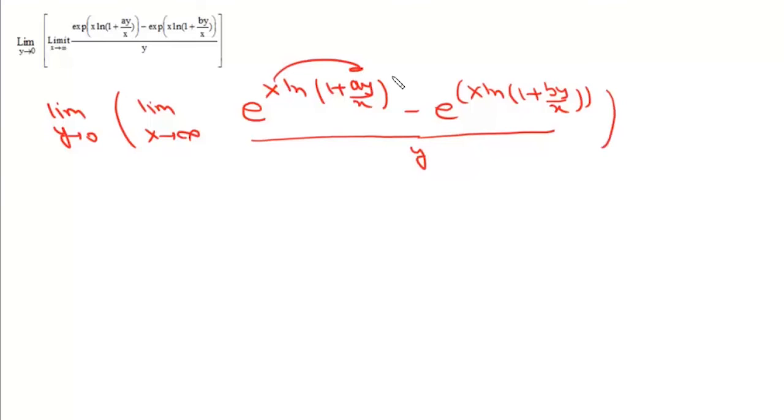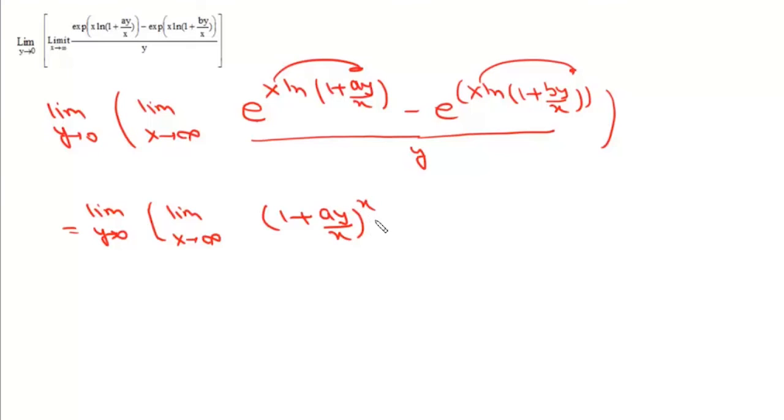Now we'll take this power in the log, then e and log will cancel. So we'll actually get this as limit y tends to 0, limit x tends to infinite, e and log they'll cancel, it'll be 1 plus ay by x whole to the power x minus 1 plus by by x whole to the power x whole divided by y. Now first we'll solve this limit in x.